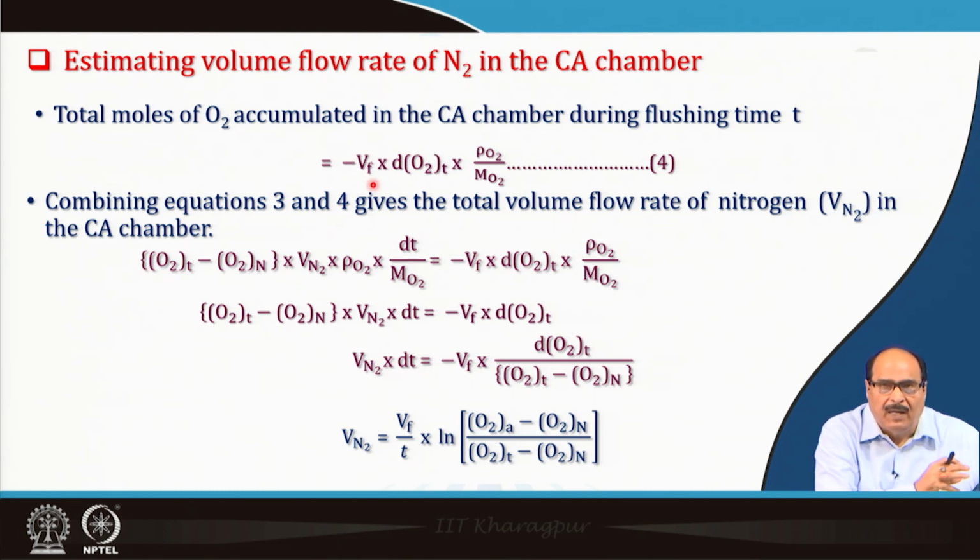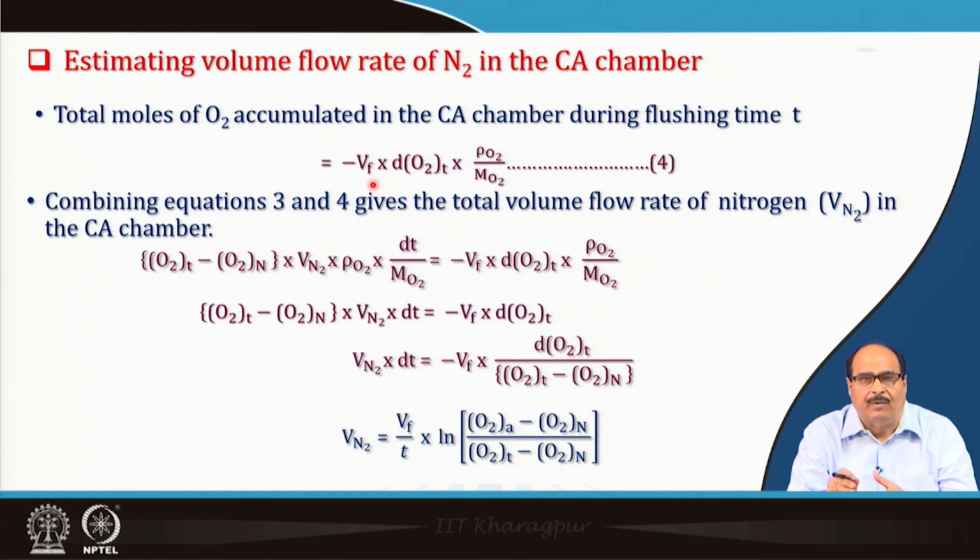So, if you combine the earlier equation 3 and equation 4, it gives the total volume flow rate of nitrogen, that is Vn2, in the CA chamber.